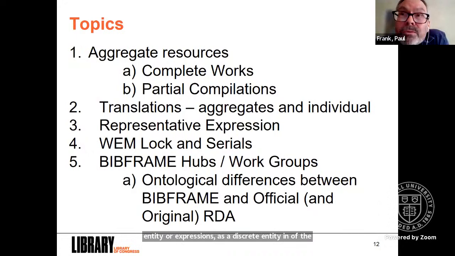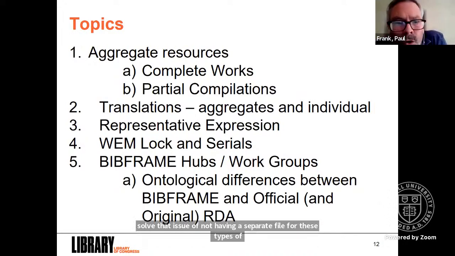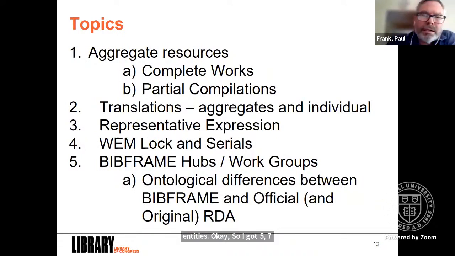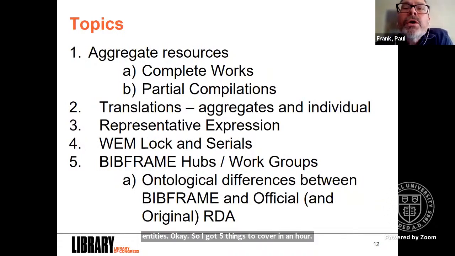In BIBFRAME, we don't have an authority file. Everything's together. So I want to look at some possible ways that we could use work groups or BIBFRAME hubs to solve that issue of not having a separate file for these types of entities.